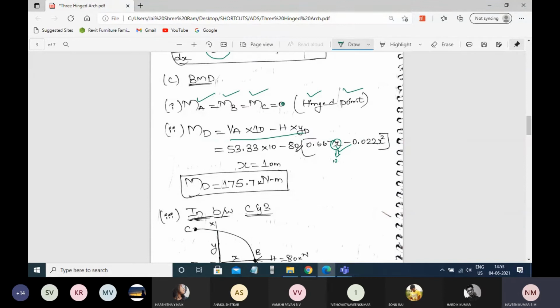I hope you can easily simplify these values. You can get this MD value. MD equals 175.7 kilonewton meter. Understood? So this is where you require the rise equation, in order to get the perpendicular distance for this horizontal thrust or horizontal reaction. Is it clear?